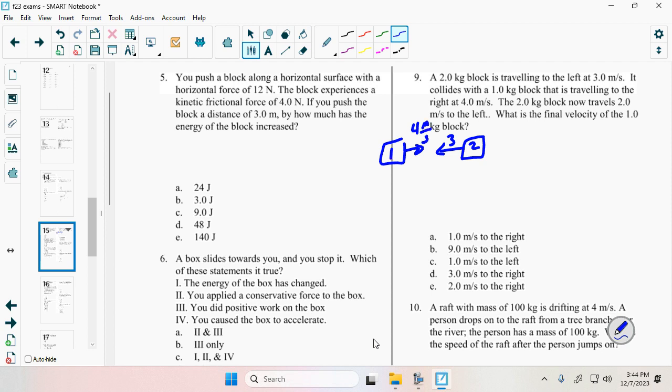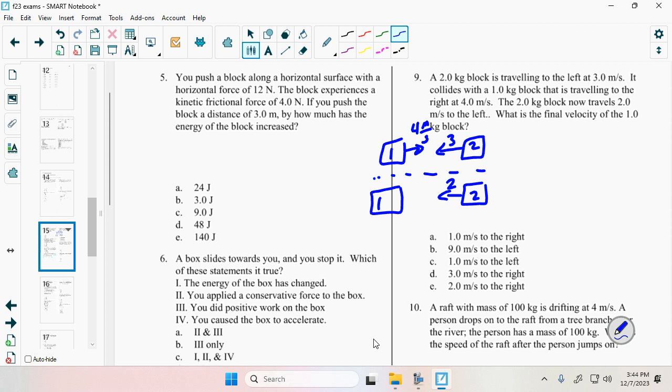This is a 1 kilogram block. And then in the final scenario, the 2 kilogram block now travels to the left at 2 meters per second. So it slowed down, but it didn't bounce and go back the other direction. And now I want to know what is the speed of the 1 kilogram block.